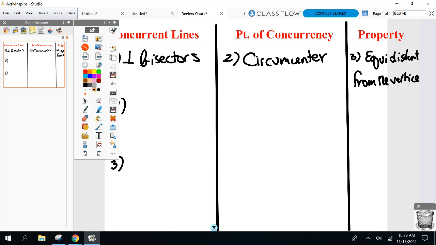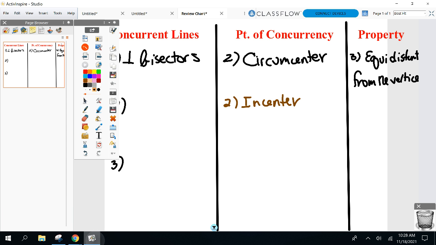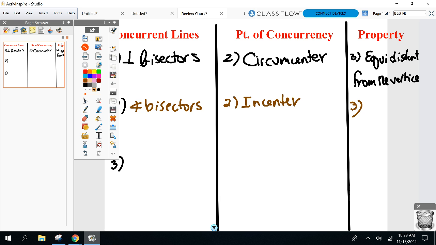Now we just had the incenter, which is the intersection of the angle bisectors. And what did we just learn about the incenter? What's so special about it? Correct, equidistant from the sides.